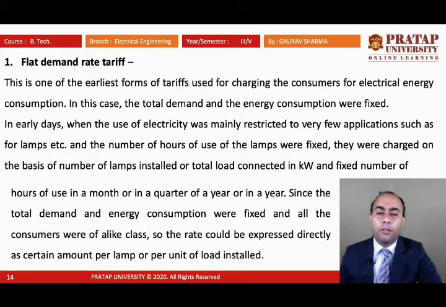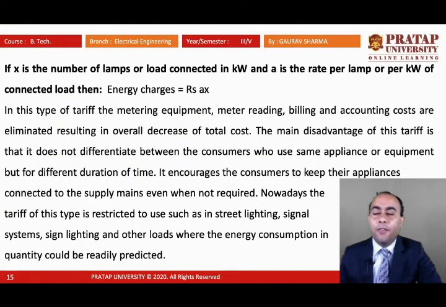For that connected load the charge is fixed, and that is called the flat demand tariff. If X is the number of lamps or load connected in kilowatt and A is the rate per lamp or per kilowatt of connected load, then the energy charge is A into X rupees.